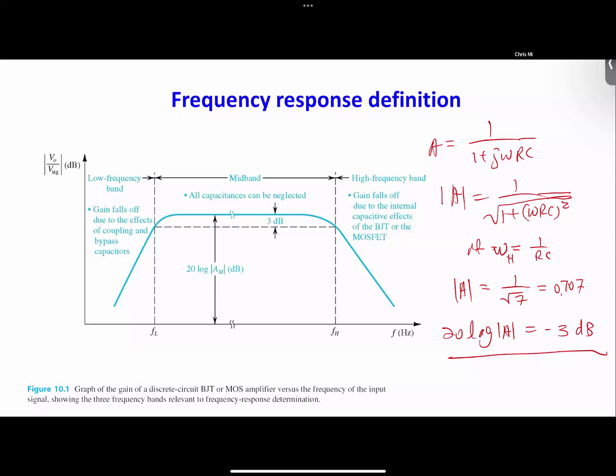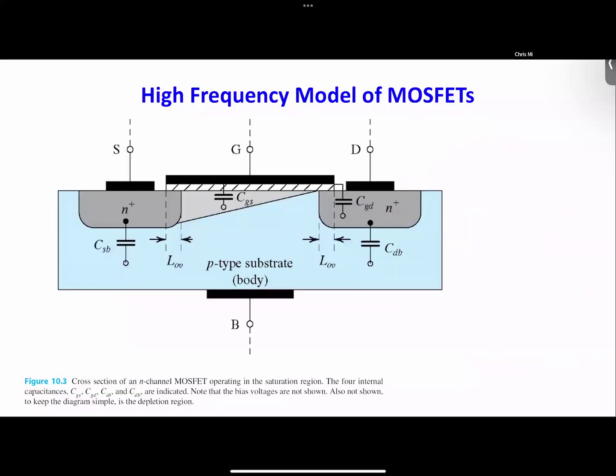So now, after introducing this, let's get back into our transistors and see why we care, or what actually happens for the low and high frequency. So we're going to start by looking at high frequency response. High frequency response is typically caused by the internal structure of the device.